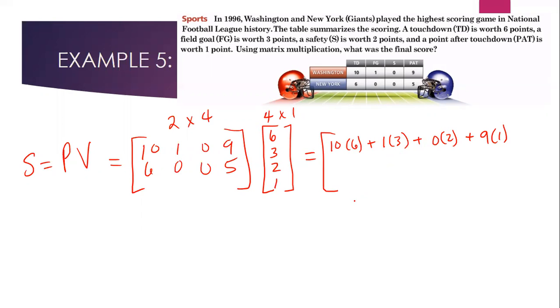That's my first row. I'm going to do what I did to the first row to the second row. So it's going to be 6 times 6 plus 0 times 3 plus 0 times 2 plus 5 times 1.